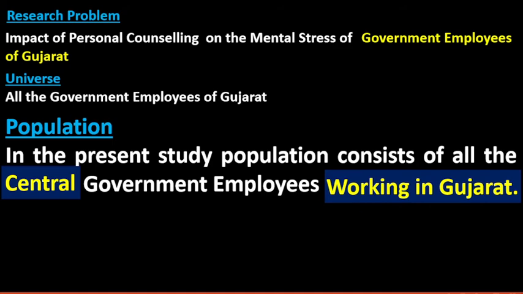In a particular research problem, the universe may be anything, but the population must be equal to the universe or a part of the universe. Universe is always equal to or greater than the population, and population is always equal to or smaller than the universe. In short, while deciding the population, the researcher has to be very careful.